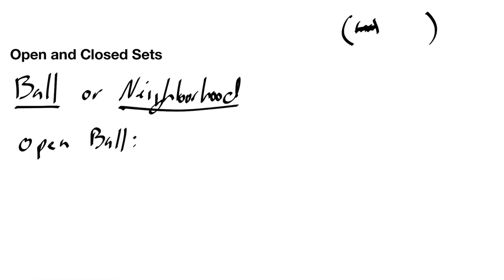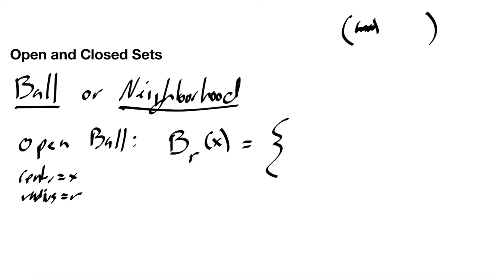Well, an open ball, we'll use the notation B with a little r of X. So this is the open ball centered at X and radius r. Then that ball is just the set of all y in X such that rho of xy is less than r.